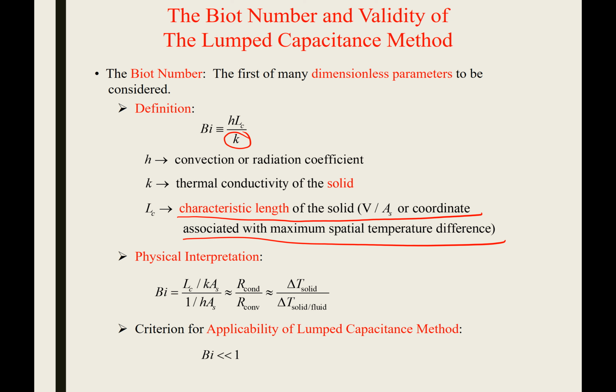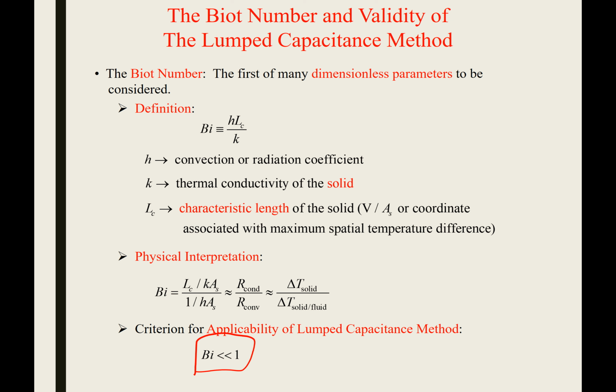That gives us what's called the Biot number. So this Biot number is a dimensionless number that we will use to determine whether we can apply the lumped capacitance method or not. So when the Biot number is much, much less than 1, then we could say, okay, the lumped capacitance method would apply. That would be a good approximation in that particular case.